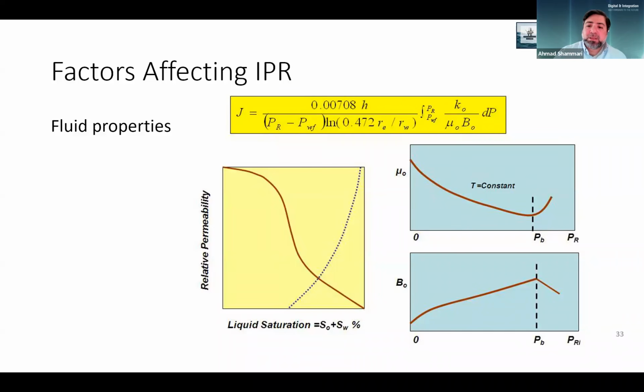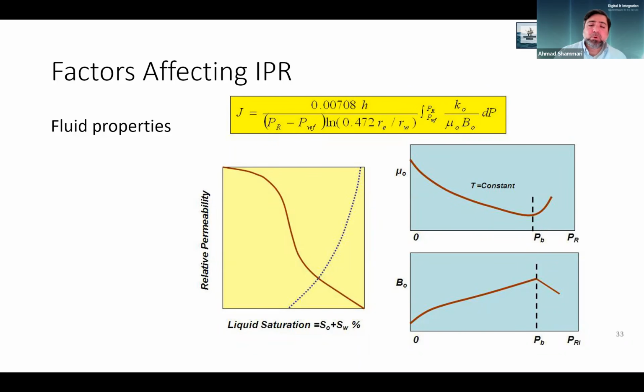So these parameters, the fluid properties, are actually going to change PI. They are going to affect the IPR calculation. And this applies really to everything, right?